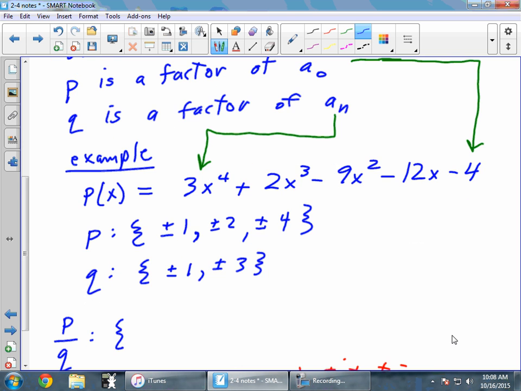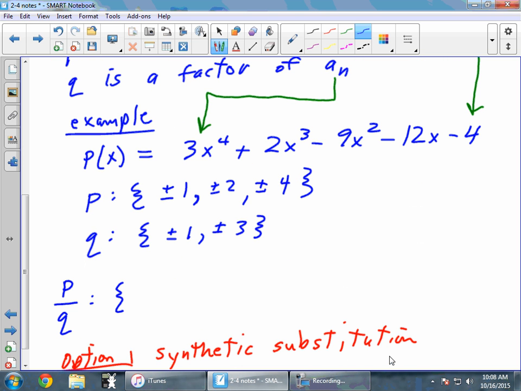So now we can say p divided by q. Let's see, we have 2 times 3. We should have 6. What are they? Plus and minus 1 over 1. Thank you, Heaven. Plus and minus 2 over 1. Low-hanging fruit. Thank you, Bethany. Plus and minus 2 over 3. 4 over 1. 1, 2, 3.